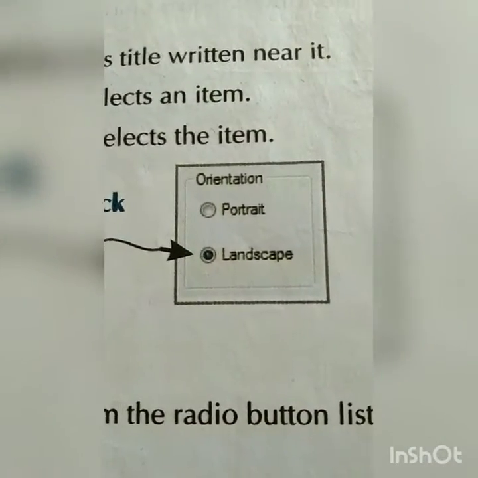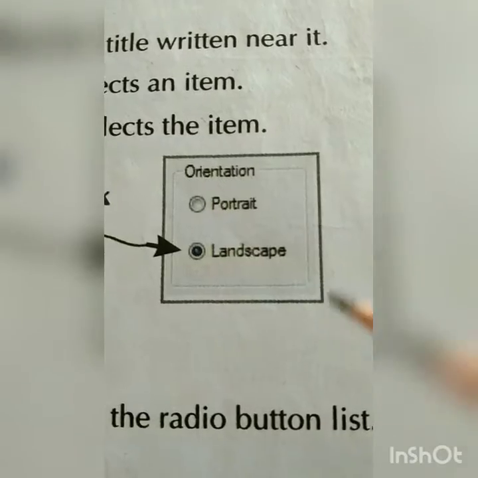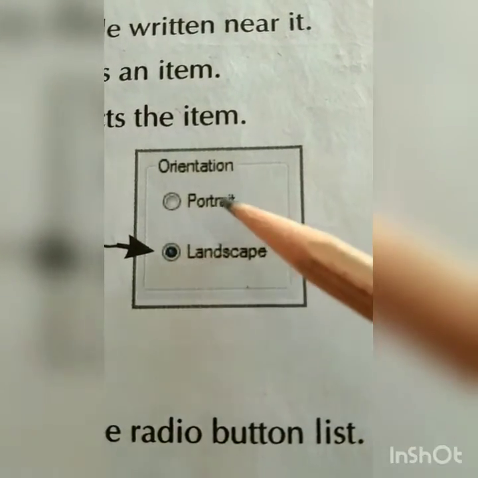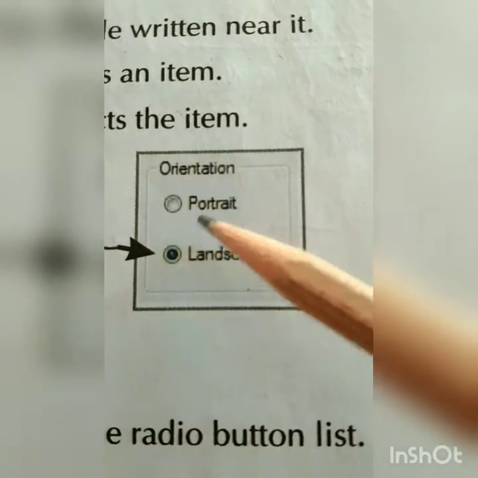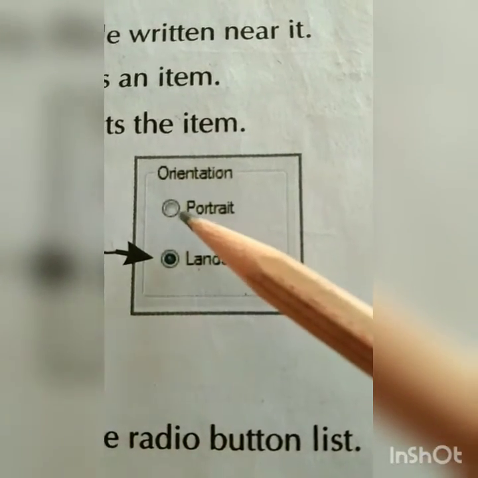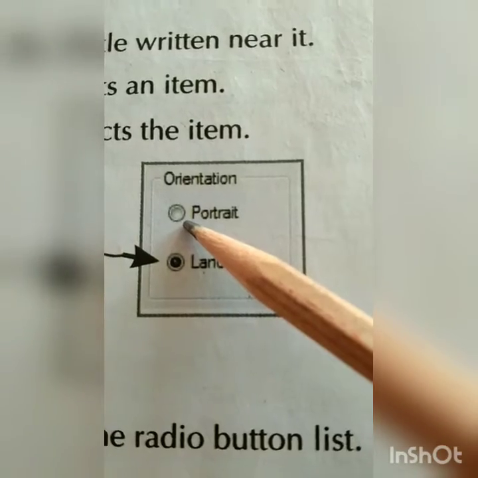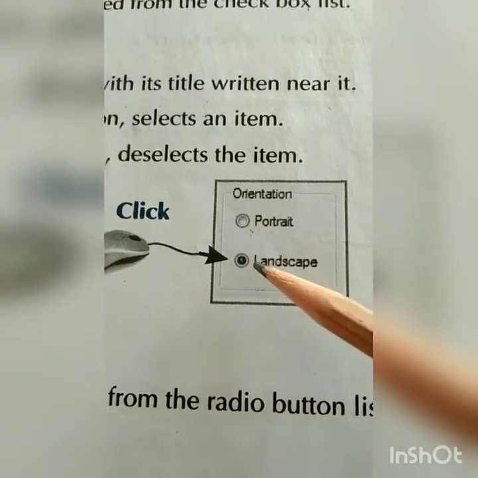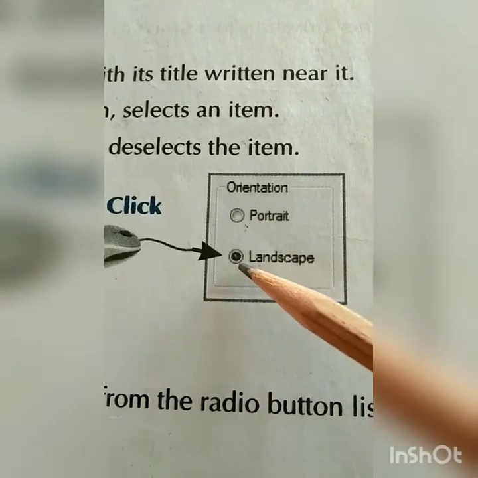Orientation means you want to show the page in portrait or landscape. Suppose you have selected portrait, and now you want to select landscape. So you select the next one, and the earlier one gets deselected. It shows like this.